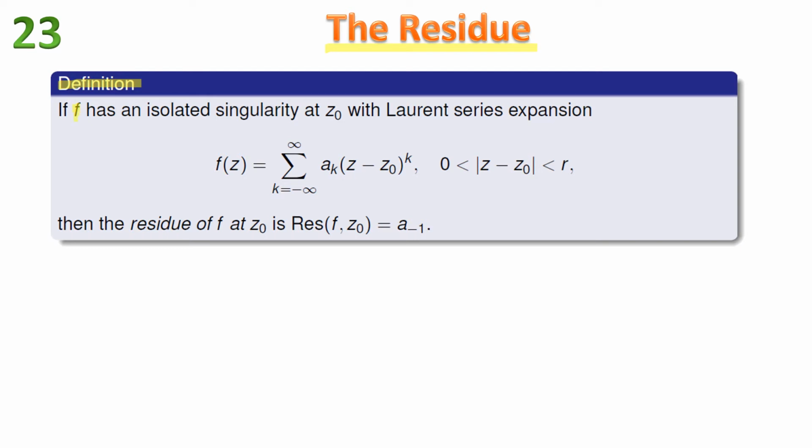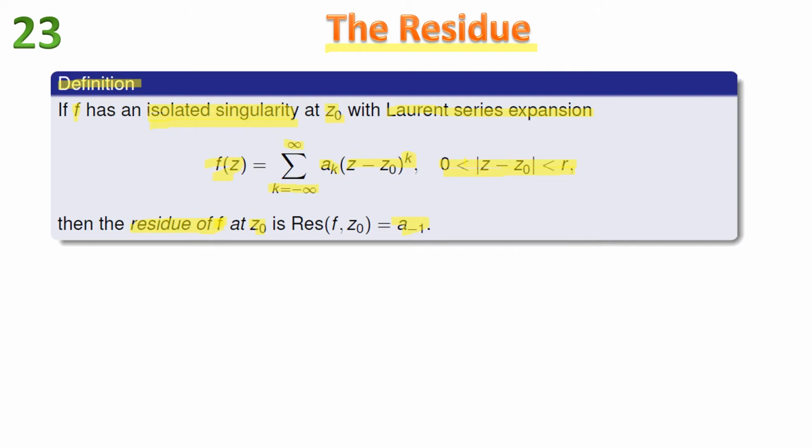If f has an isolated singularity at z0 with Laurent series expansion f of z equal to the sum of a_k into (z minus z0) to the power k, where k rolls from minus infinity to plus infinity, and |z minus z0| is allowed to roll between 0 and r, then the residue of the function at z0, which is in fact an isolated singularity, is a minus 1.